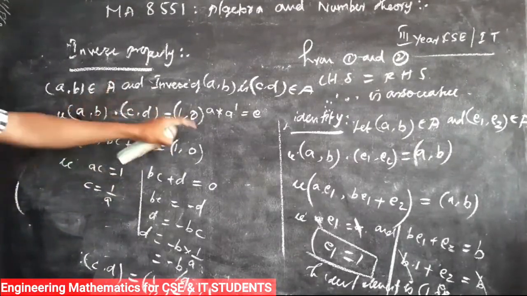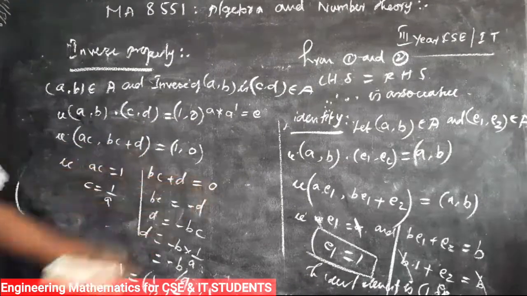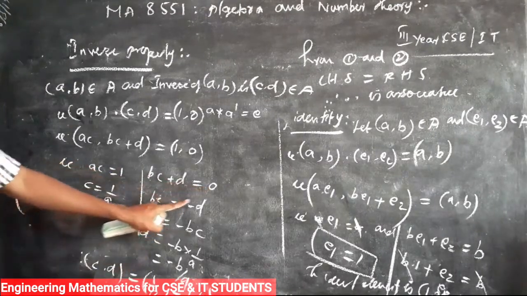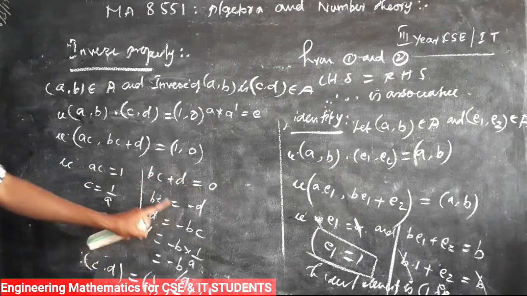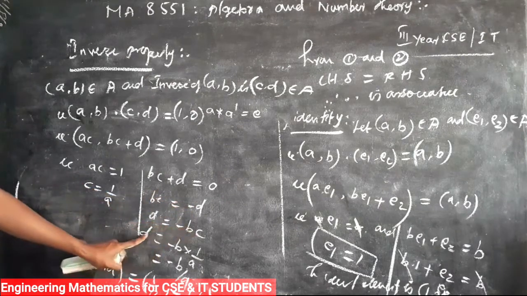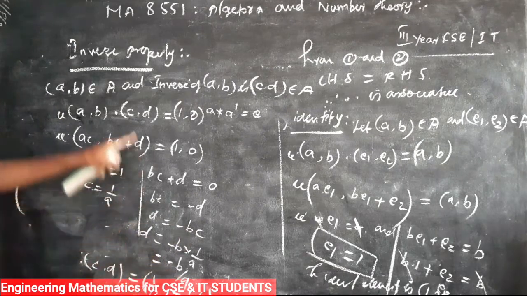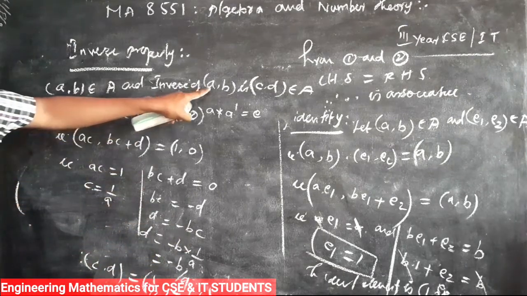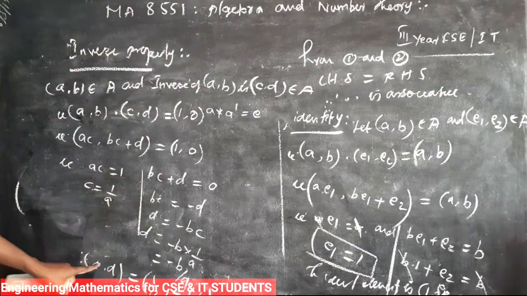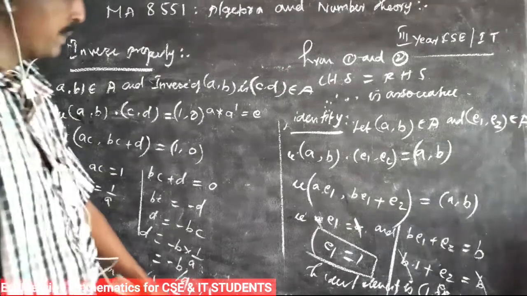Equating the components, ac equal to 1, bc plus d equal to 0. ac equal to 1, c equal to 1 by a. bc plus d equal to 0, bc equal to minus d, so d equal to minus bc, with c equal to 1 by a. So d equal to minus b by a. Because we say the inverse of a comma b is c comma d, so you find c comma d. So c comma d equal to 1 by a comma minus b by a.